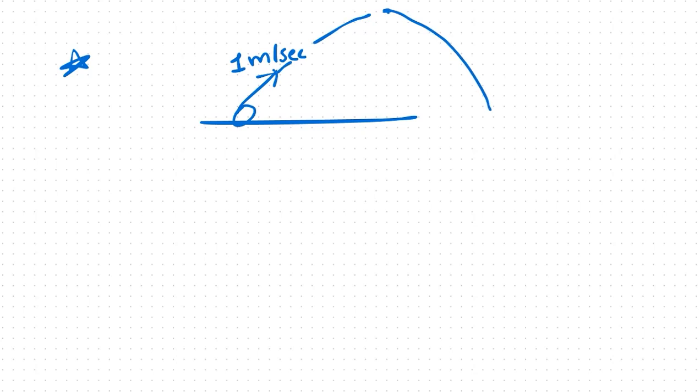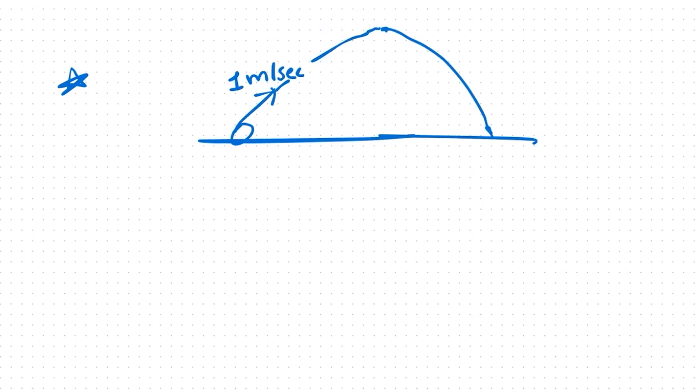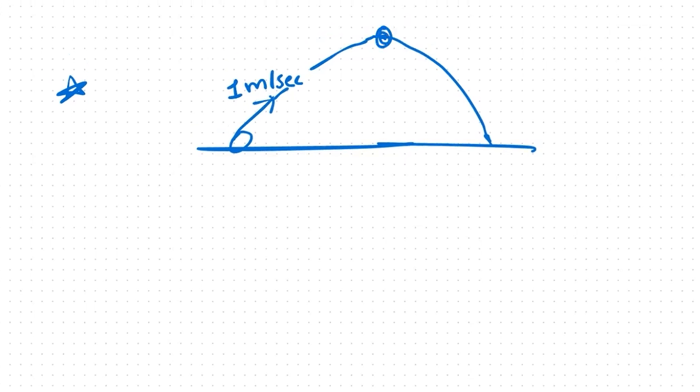What is the y component of velocity? Obviously, it will not be 1, right? It will decrease a bit. So velocity is changing. Velocity changes with respect to time.